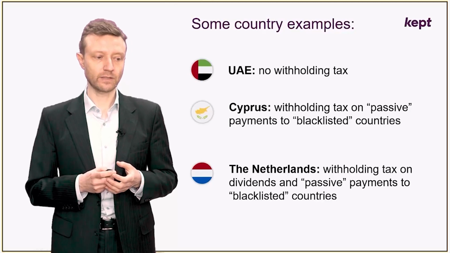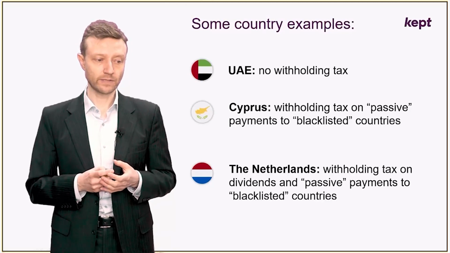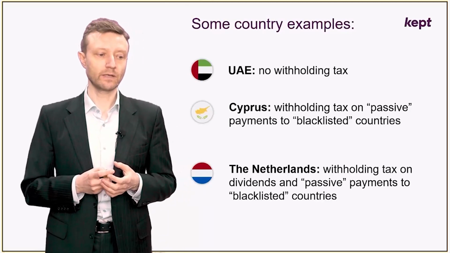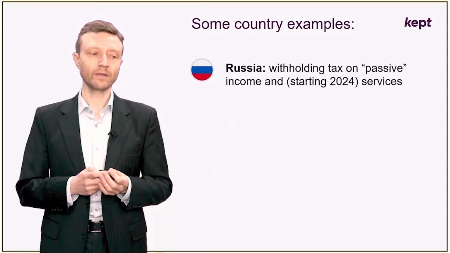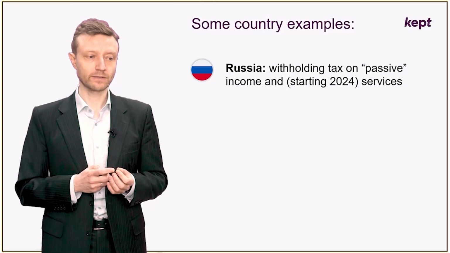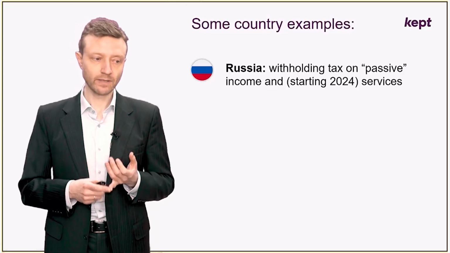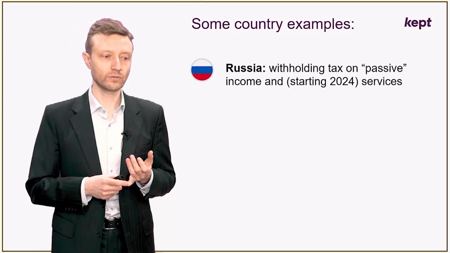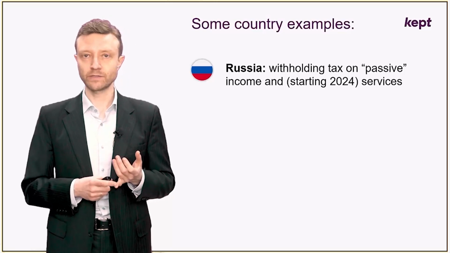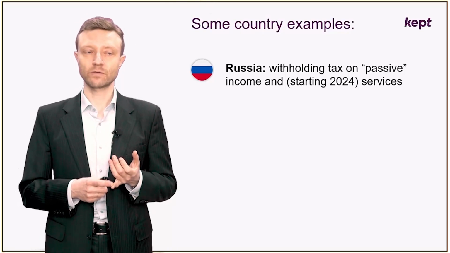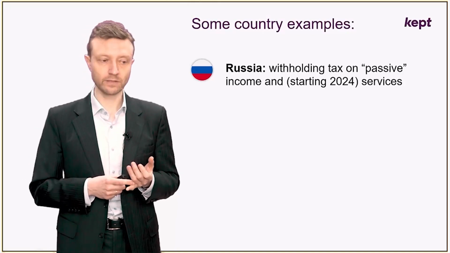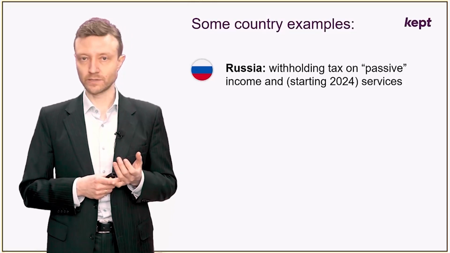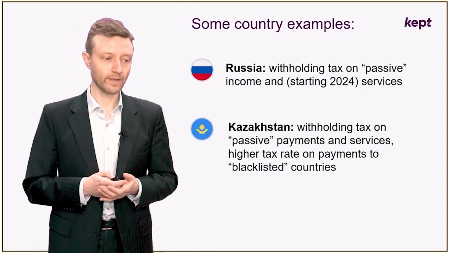Third, the Netherlands. There is withholding tax on dividends as well as passive payments to blacklisted countries. In Russia, withholding tax applies to passive income, but also services provided by related parties started to be subject to withholding tax this year, 2024.